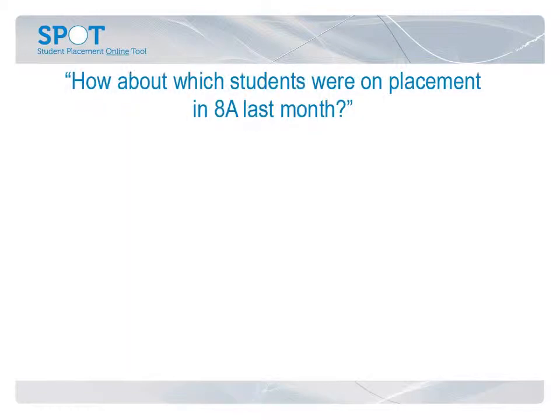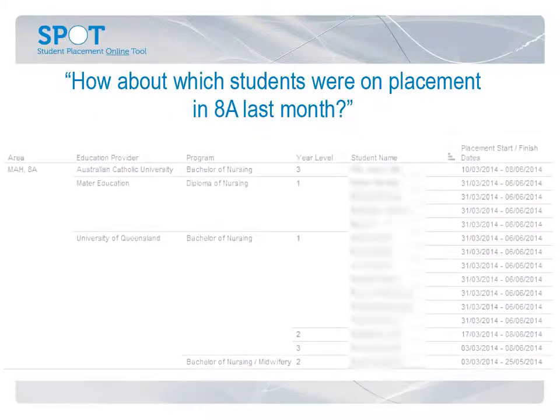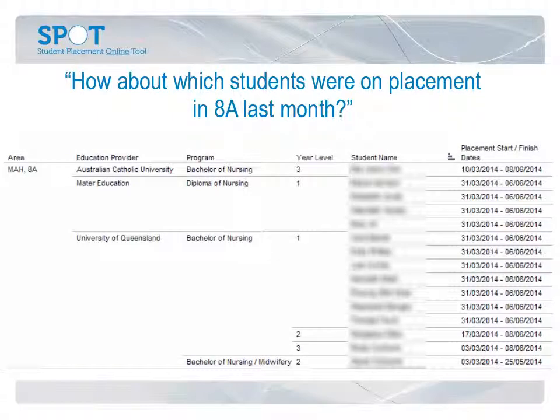Alright, well, how about the students? How about which students were placed in 8A over the last month? Again, easy enough to find. Here's a table. During April, this ward had a 3rd year Bachelor of Nursing student from Australian Catholic University.